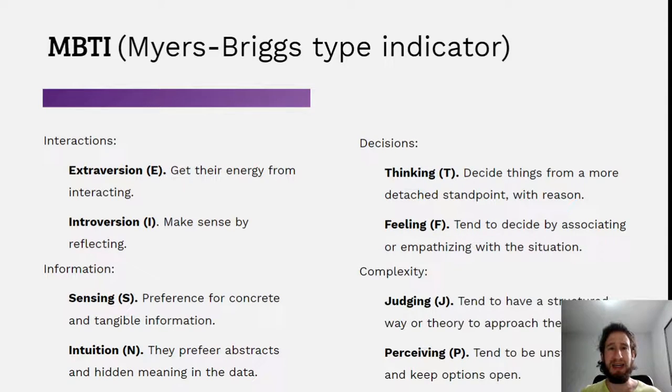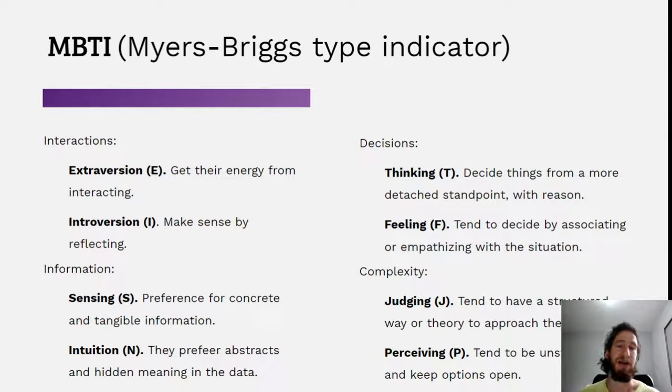The fourth and last dimension is regarding the complexity of the world. You have the judging person, who is more strict, preferring data that are more structured and theories to approach situations, or you are perceiving, if you tend to keep things unstructured and keep options open, right?